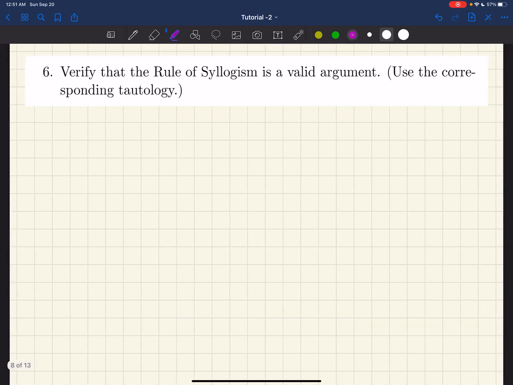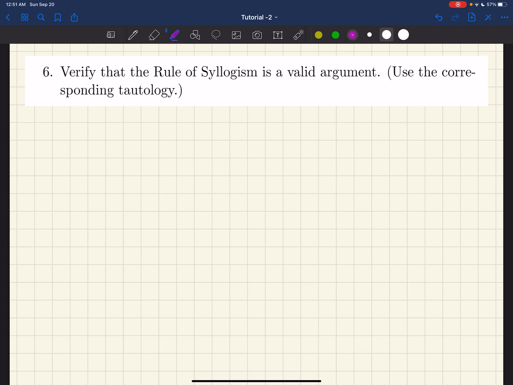Now we are skipping the fifth question. It would be discussed in the Q&A sessions. So moving on to the sixth one. Verify that the rule of syllogism is a valid argument. Use the corresponding tautology.